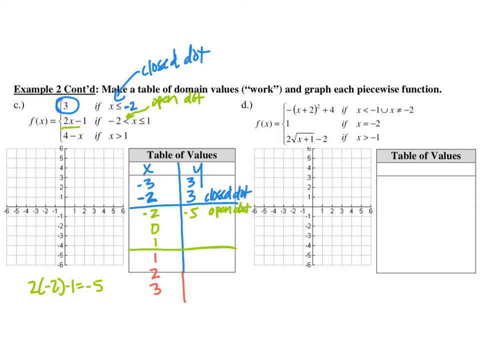Then let's substitute in 0. 2 times 0 is 0, minus 1 is -1. And now we'll substitute in 1. 2 times 1 is 2, minus 1 is 1. And this right here is an or equal to, so that's another closed dot.